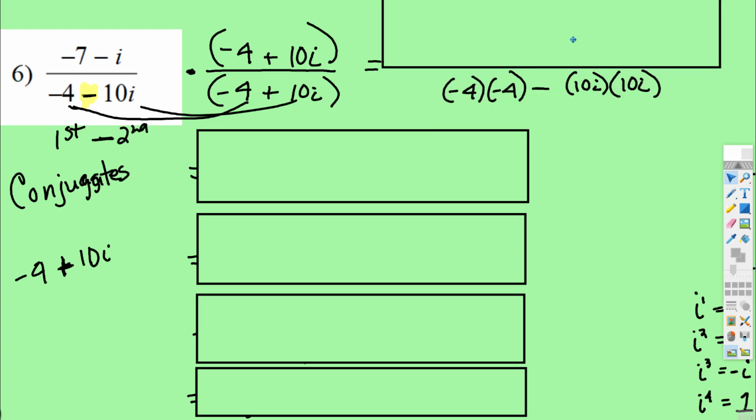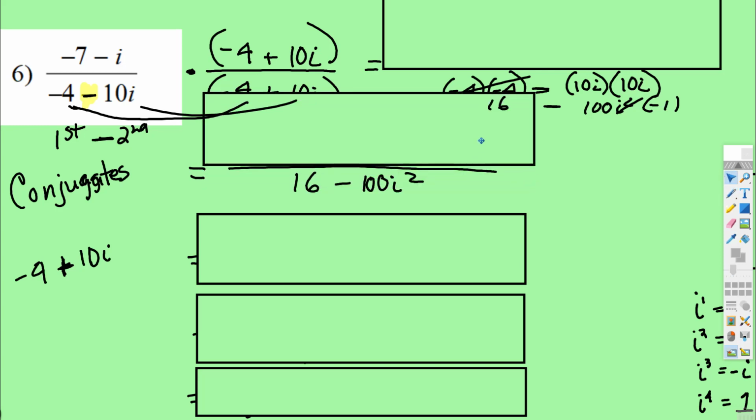So it's negative 4 times negative 4, which cancels to positive 16, and then subtract 10i times 10i. Well, 10 times 10 is 100, and i times i is i squared. But i squared is the same as negative 1, so that becomes positive 100.